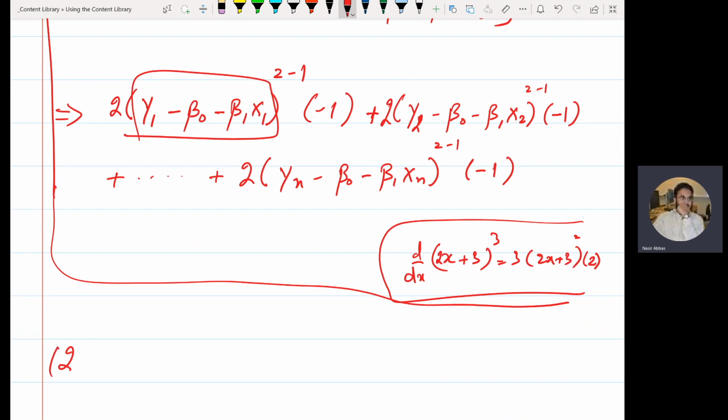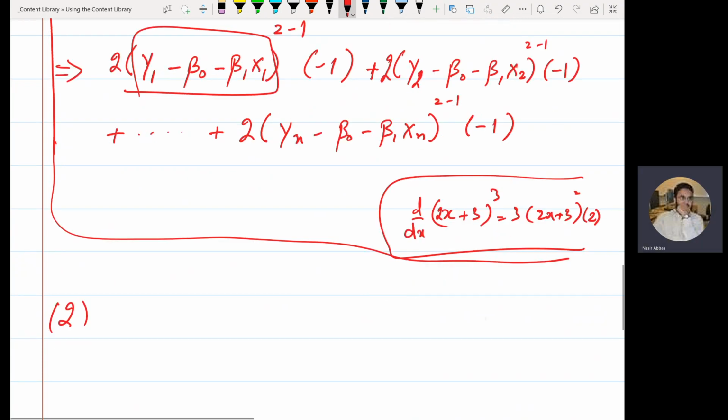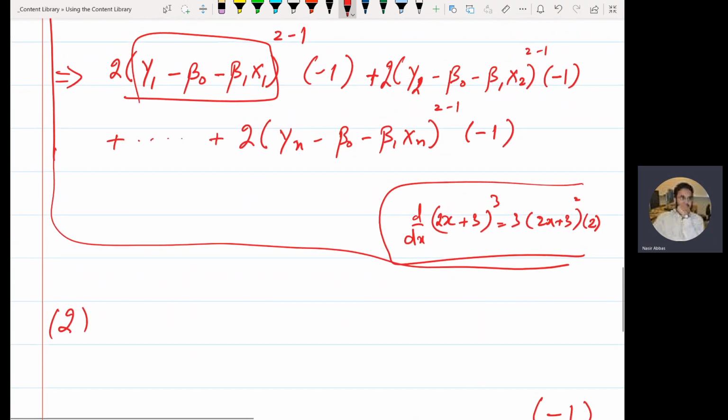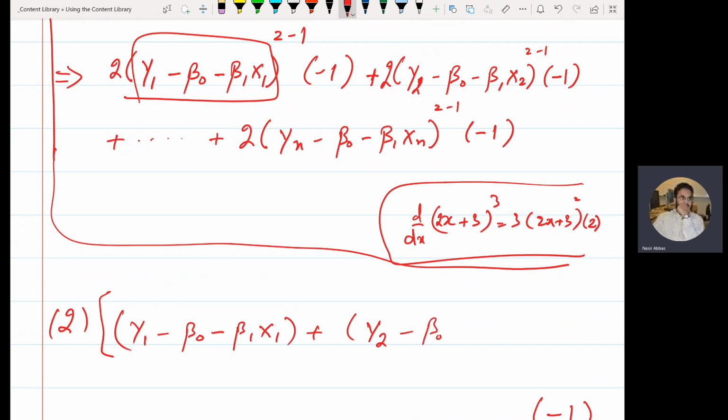I take 2 common and I take minus 1 common. What will be inside? Inside I will have y1 minus beta naught minus beta 1 x1 plus y2 minus beta naught minus beta 1 x2 plus all the way up to yn minus beta naught minus beta 1 xn.